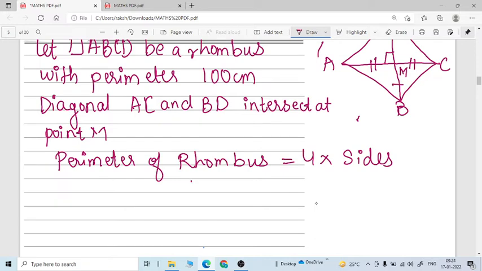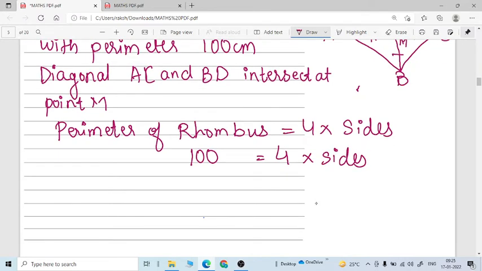So perimeter is 100, which is 4 into side. So 4 is multiplying here, it will divide. Therefore sign is very important while solving the sum.